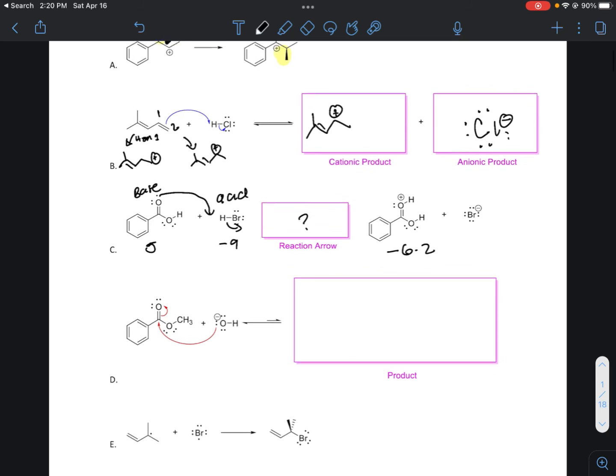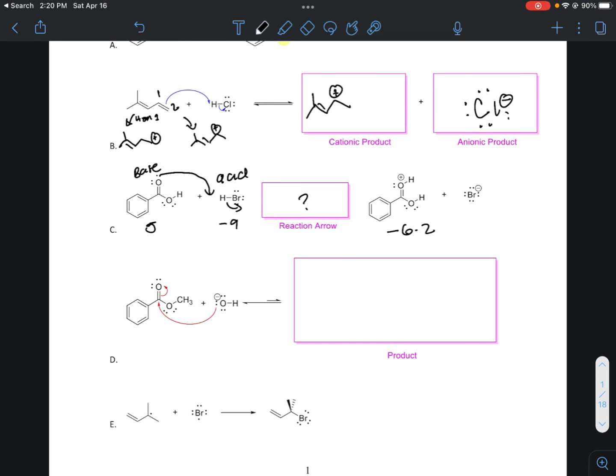So let's go to D. It's another problem where we have been given the electron arrows, and from there we have to figure out what the products will look like. Looking at D, it tells us that this hydroxide is going to form a bond with this carbon.